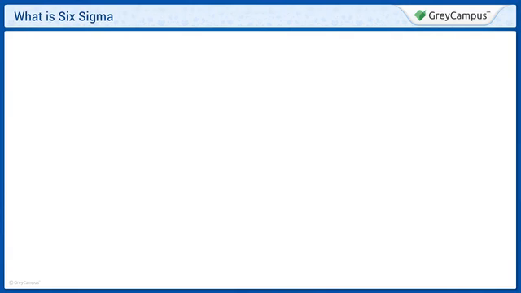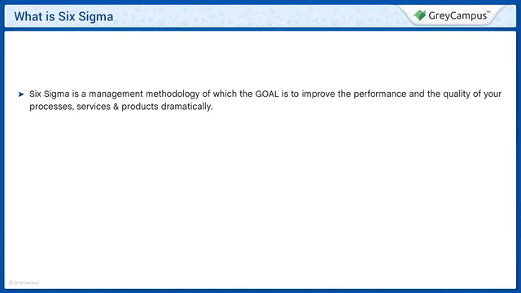Now, let's talk about the salient features of Six Sigma in brief. Six Sigma is a rigorous and highly disciplined business improvement process adopted by companies to help focus on developing and delivering near-perfect products and services.